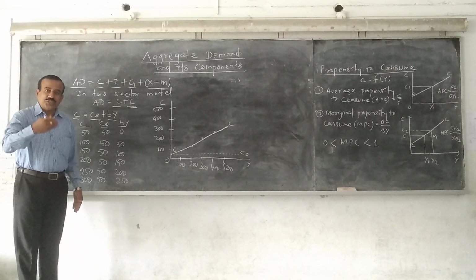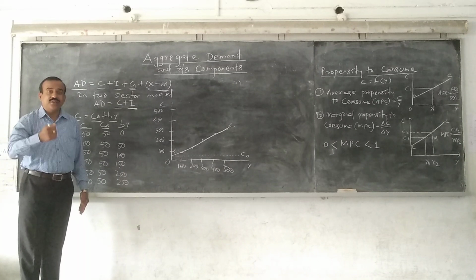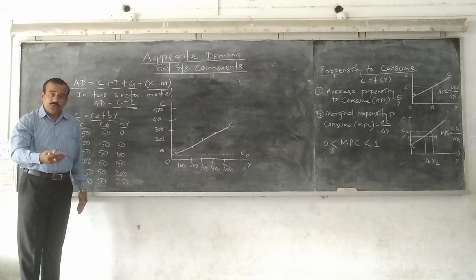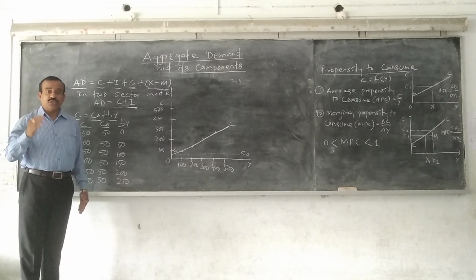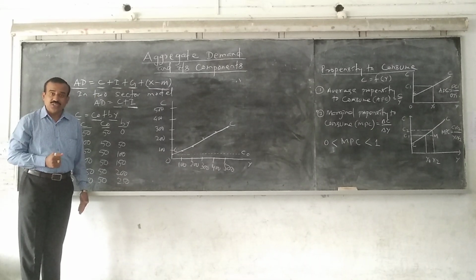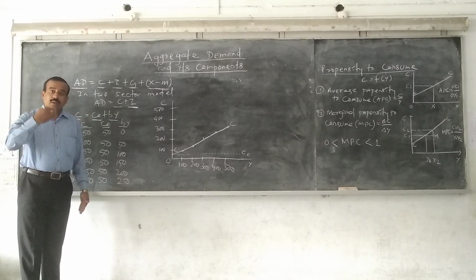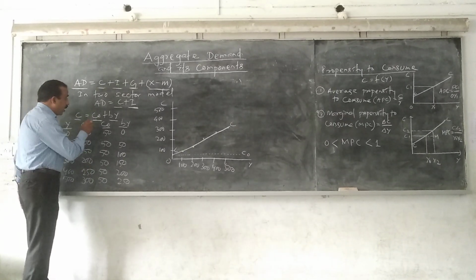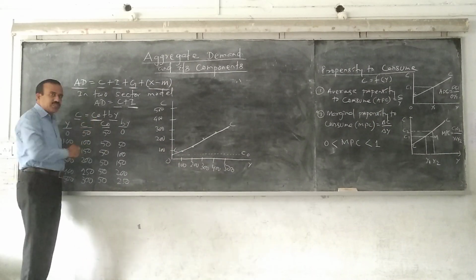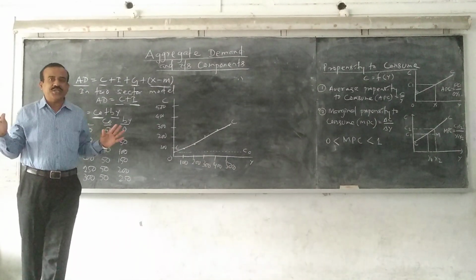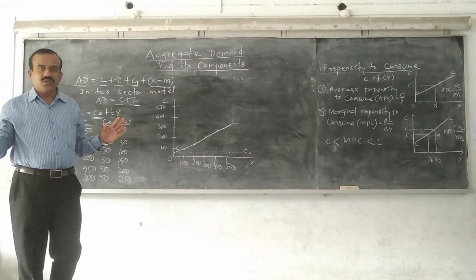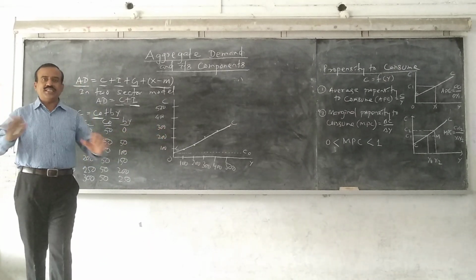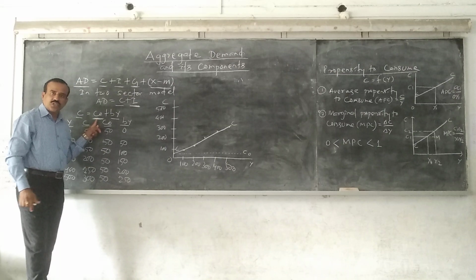Like house rent, expenditure on food which is minimum required by the consumers, expenditure on medicines which are highly essential. So these are all included in autonomous consumption. It does not depend on the level of income. It does not change with the changing level of income. It is independent of change of income.